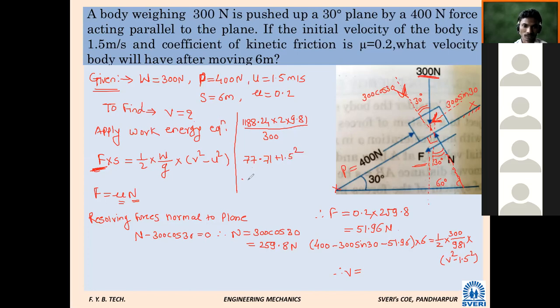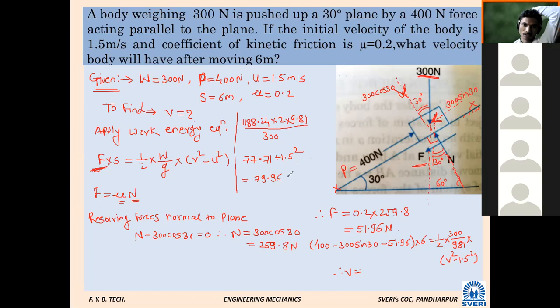Now tell me the calculation of 77.71 plus 1.5 square. 79.96.